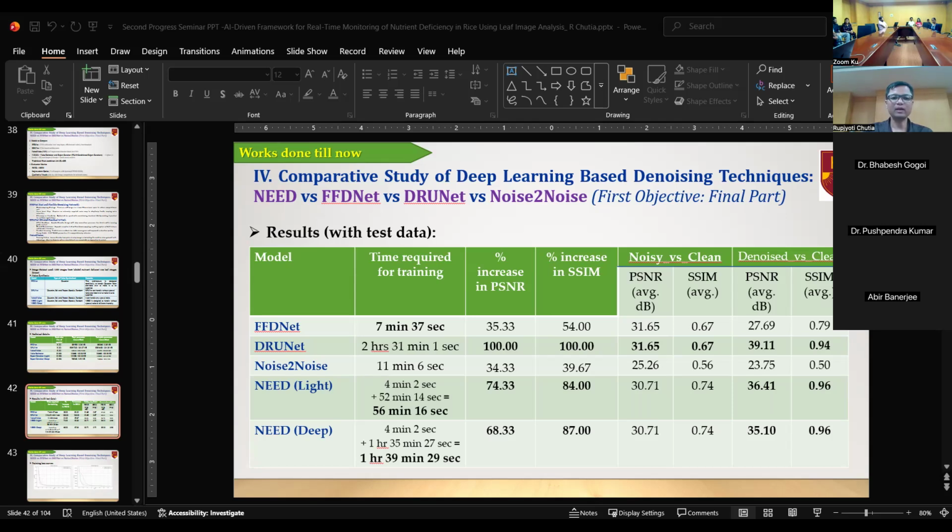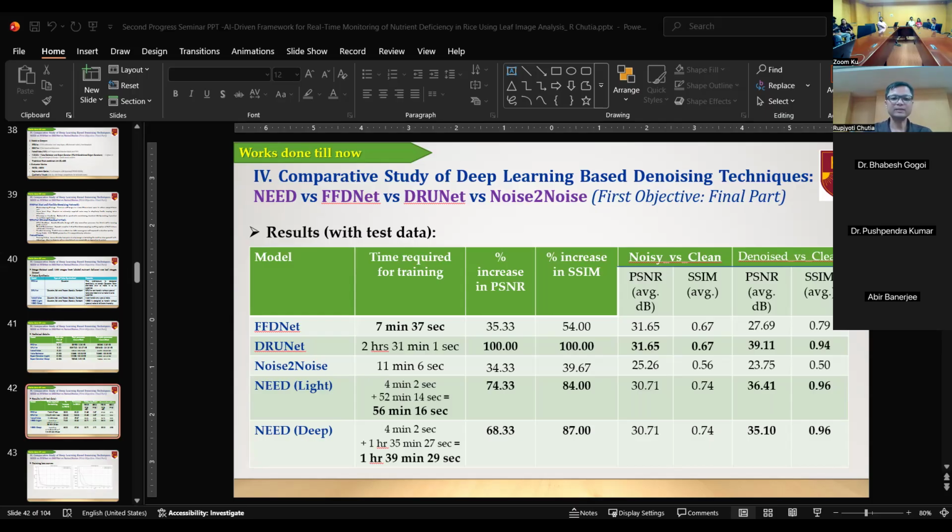So here, when we tested with 300 test samples, we have seen that there is an increase of 100% in PSNR and SSIM with the help of the DRNet model.